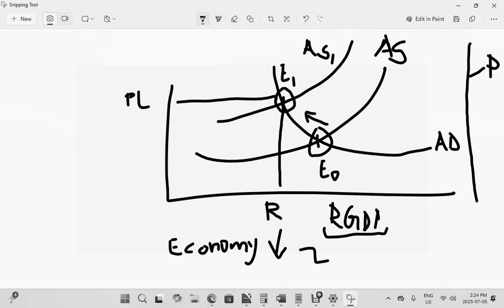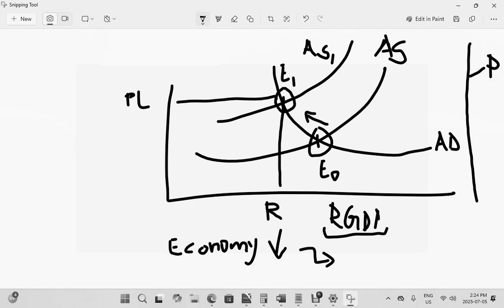As a result, real GDP will go down. Because your real GDP goes down, your economy will shrink eventually. And because your economy shrinks, you will have a recession. So your inflation follows a recession.